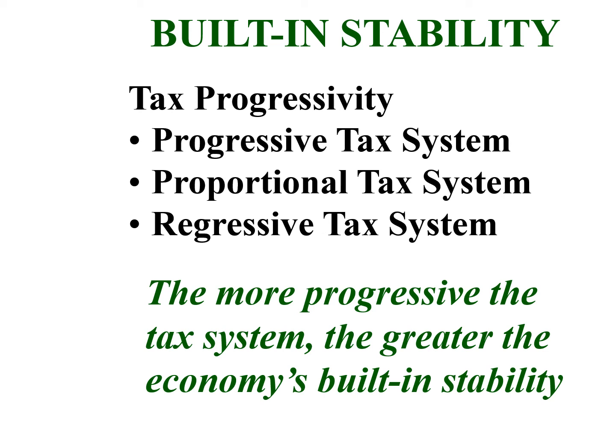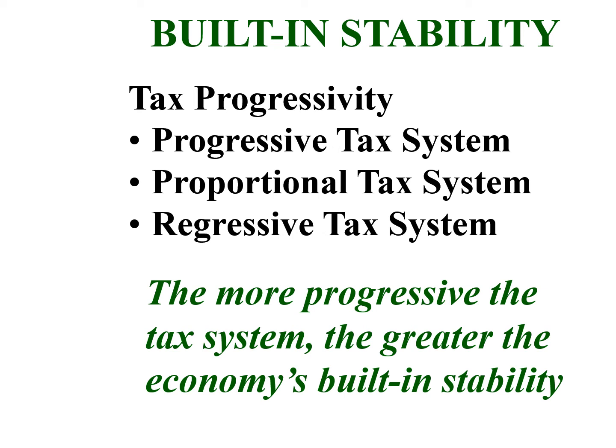A progressive tax system means as GDP increases, so does the average rate of tax collection. A proportional tax system means that if GDP increases or decreases, the average rate stays the same. Regressive is the opposite. So if we increased marginal tax rates, there would be more built-in stabilization in the economy.